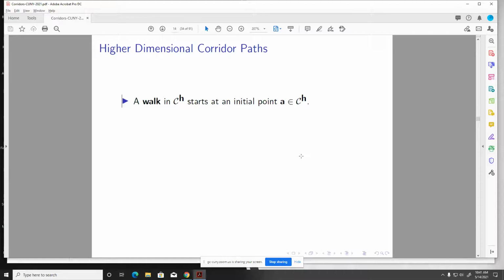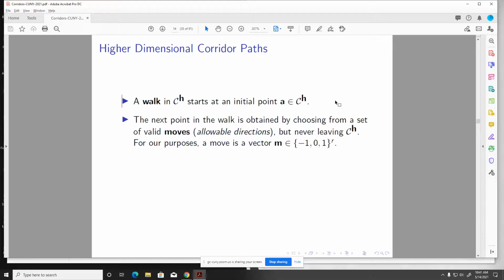A walk in C_H can start at any initial point in the fundamental corridor, and the next point is obtained by choosing from a set of valid moves. I'll talk about those moves in a second. You can think about the cardinal directions, but there are other possibilities as well.